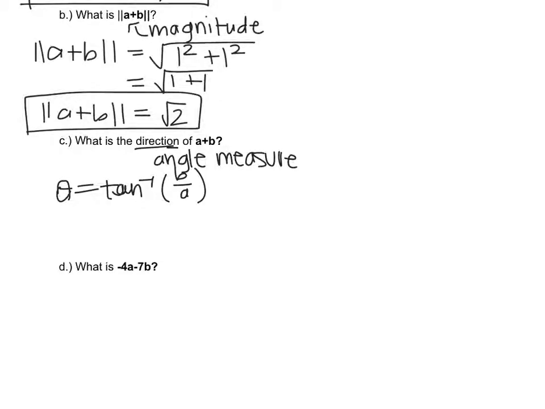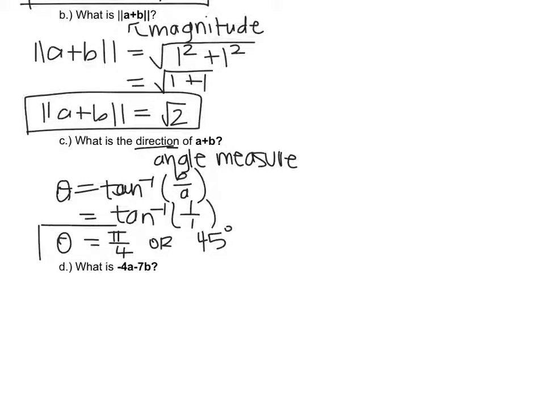And in this case, b and a represent the x and y values of our vector. So that's going to become the tangent inverse of 1 over 1. So theta equals pi over 4 radians, or if you're going to write it in degrees, it equals 45 degrees.